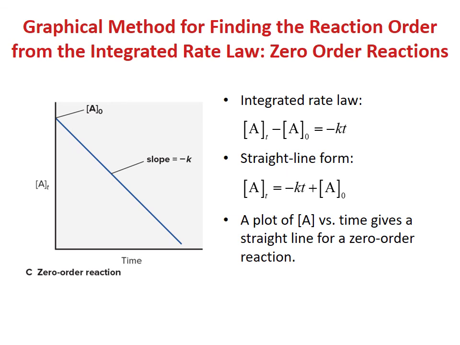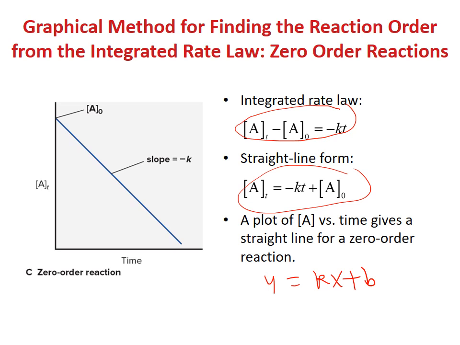Here is the integral rate law for the zero order reaction. Compare with the linear equation y equals kx plus b. This time y is the concentration itself, and x is t. So if you plot the concentration over time, you get a straight line, and the slope is negative k.